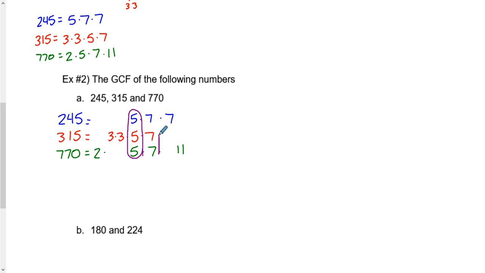There's also a 7 in all three of the numbers. There is not a second 7 in any other number but the 245. There's no 11 in all of them, which means the greatest common factor is actually going to be 5 times 7, which is 35.